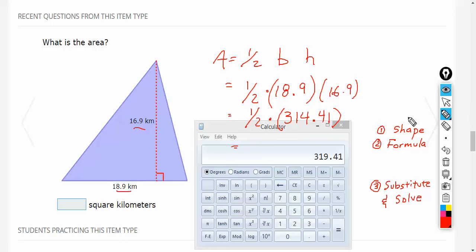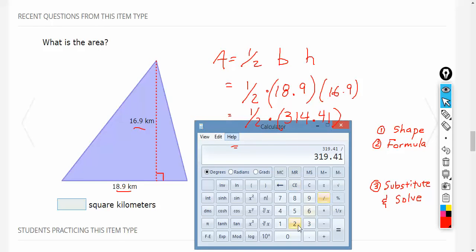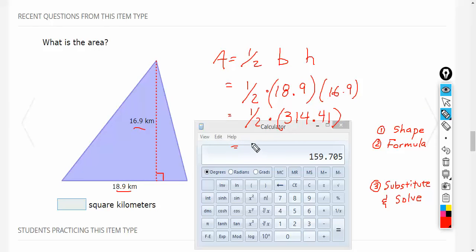Okay, then when you multiply something times half, it's the same thing as dividing by what? 2. So I'm going to divide this by 2, and I'm going to get 159.705 kilometers.